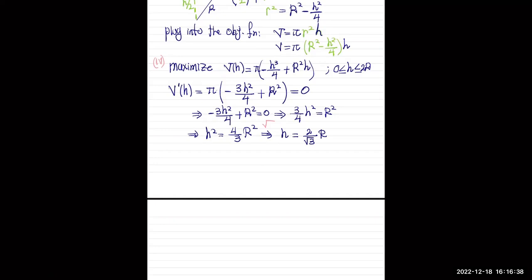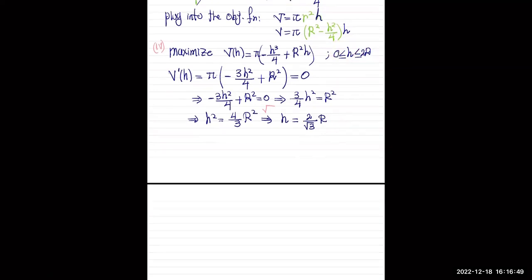This is the critical value because it is in the domain. 2 over root 3 times R is between 0 and 2R. It happens to give us the absolute maximum, because if you plug 0 and 2R into the volume function, you get 0, and this plugged in will give you a positive value.